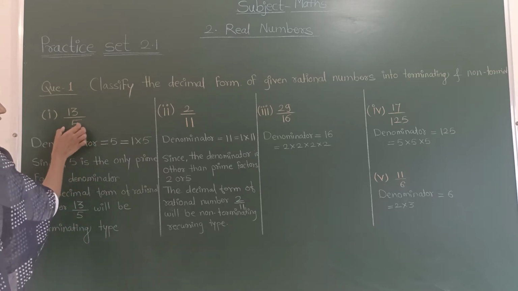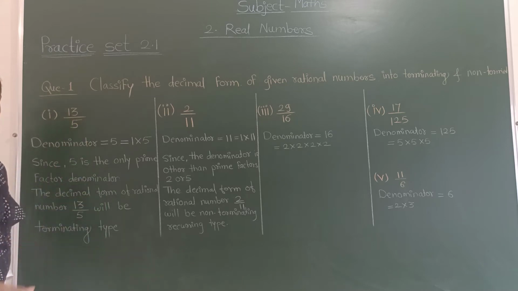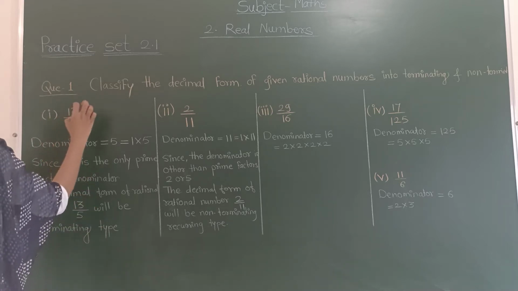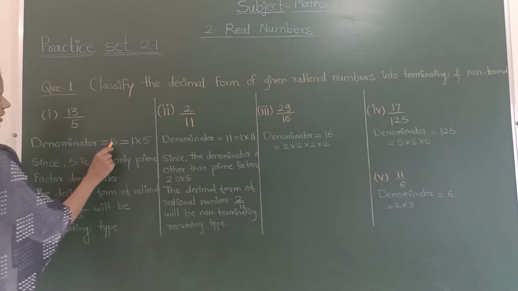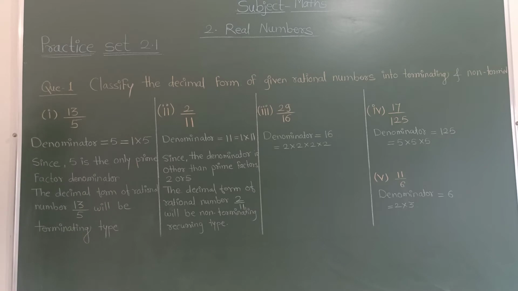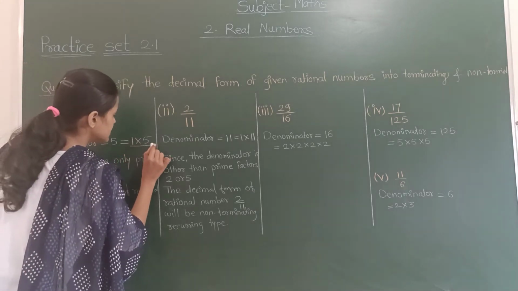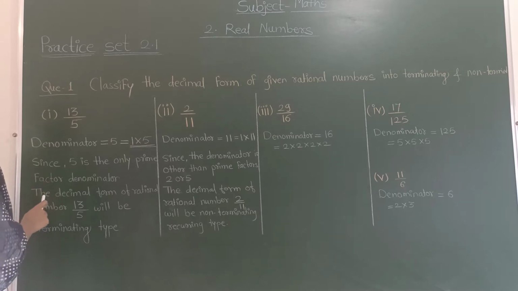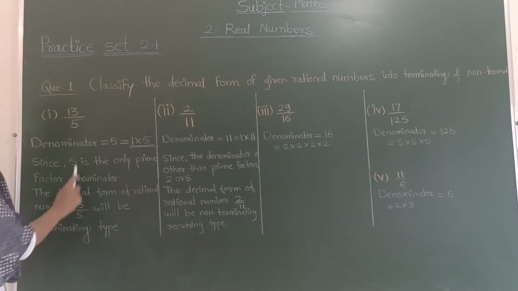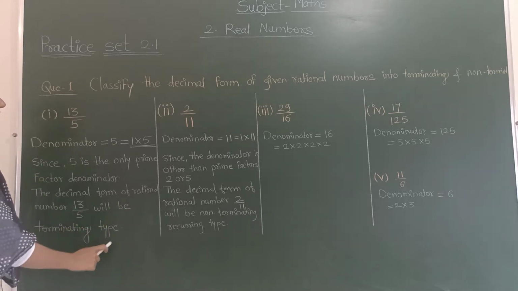You can see the denominator over here is 5, and if the factor of the denominator is 2 or 5, then the rational number will be of terminating type. So I have written here, denominator is 5, the factors of 5 are 1 into 5. So since 5 is the only prime factor of the denominator, the decimal form of rational number 13 upon 5 will be terminating type.